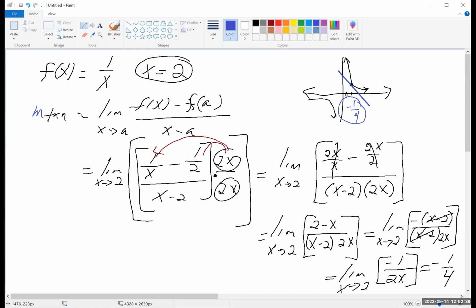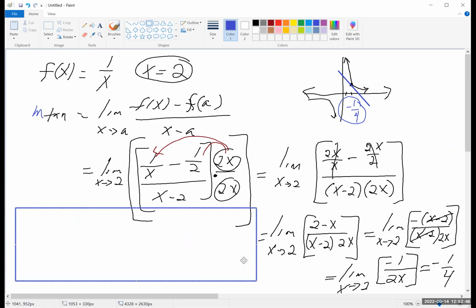Okay, now we still have a little bit of work to do. Let's see if we can accomplish that here in this box. Let me erase a little bit of that to give me a little more space, because I was asked to find the equation of the tangent line.